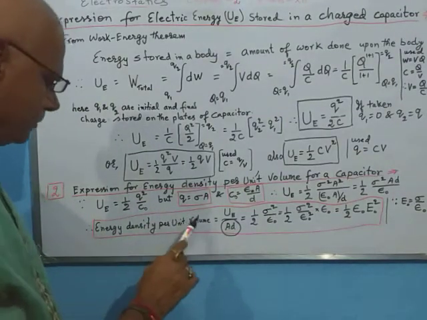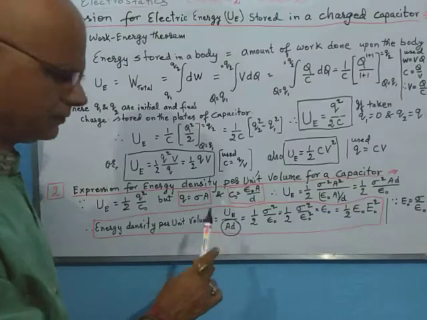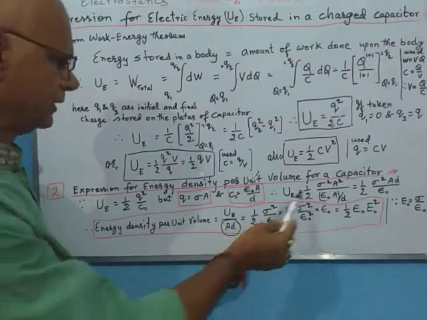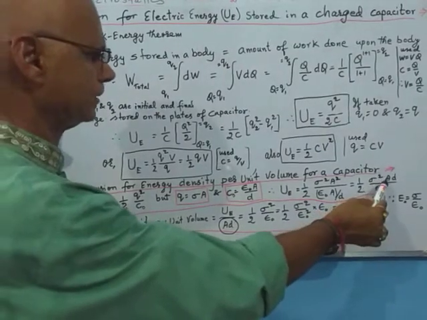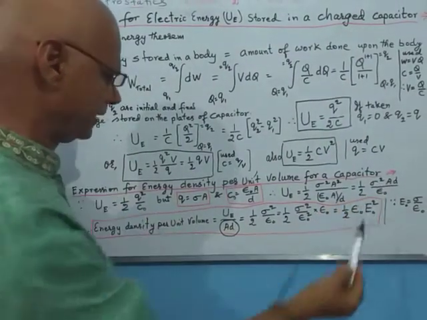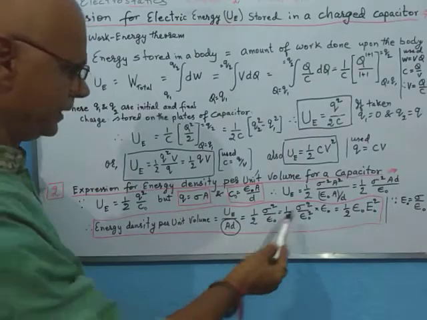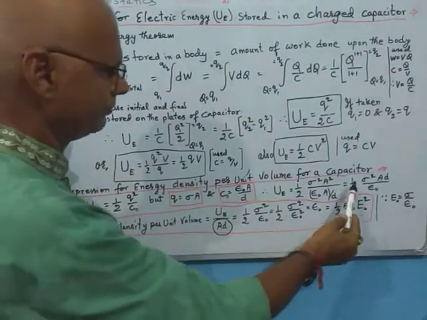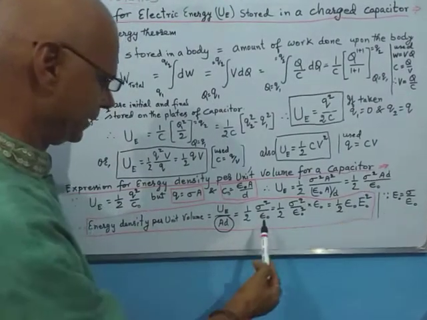Now energy density per unit volume will be total energy divided by total volume. Total energy is half sigma square AD by epsilon naught, divided by AD, so AD and AD cancel each other. So we are left with half sigma square by epsilon naught.